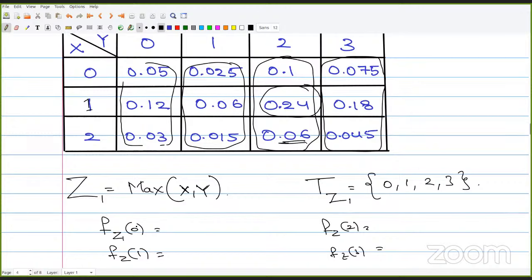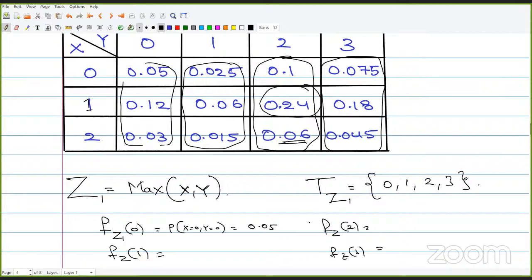Now when can this max be equal to 0? X and y both are 0. If x takes 0 and y takes 0, maximum of 0 comma 0 is 0. So the probability that x is equal to 0 and y is equal to 0 is the only case, and this is 0.05.